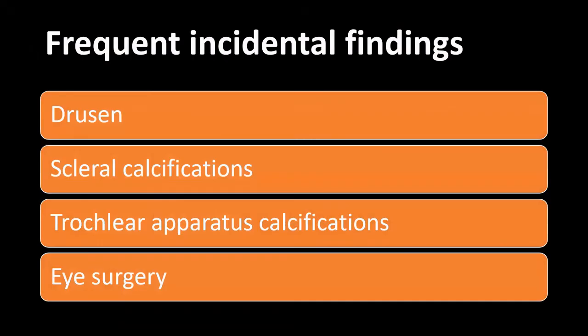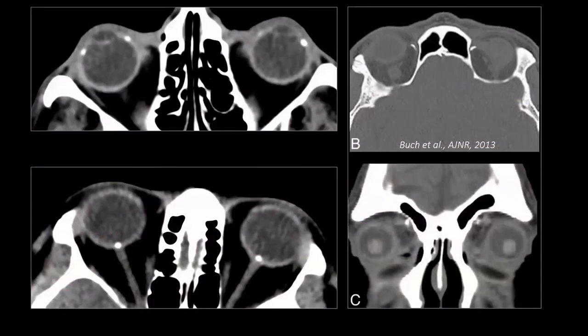Then I'm going to show you now several frequent incidental findings involving the eyeball on imaging studies that you should not mistake for pathology. I'm going to show you calcified drusen, scleral calcifications, trochlear apparatus calcifications, and some situations after eyeball surgery. Let's start with scleral calcifications.